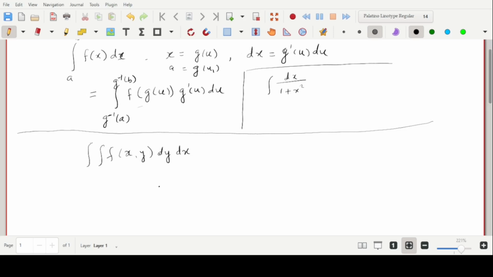Here we substitute, just to give you an example so that you recall, x equal to tan u, the standard substitution, and then dx equal to secant square u du, which is the derivative of tan u.